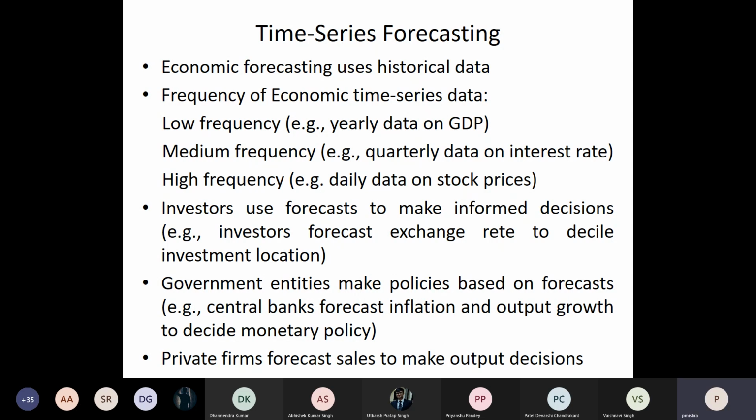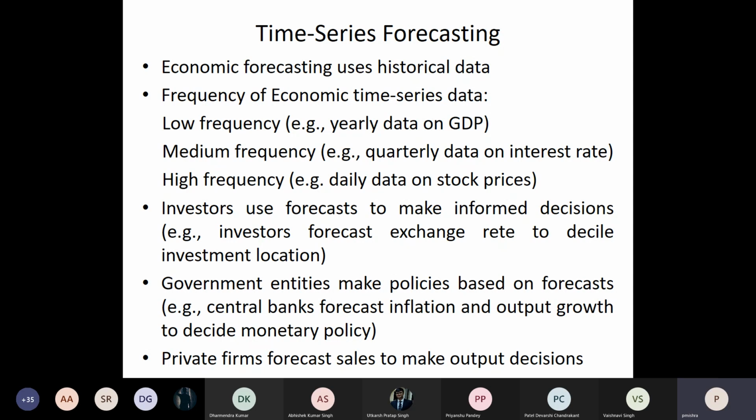So what basically this forecasting may help the investors to understand how the market may behave, say 10 years or 15 years down the line, and accordingly the investment decisions may be made.